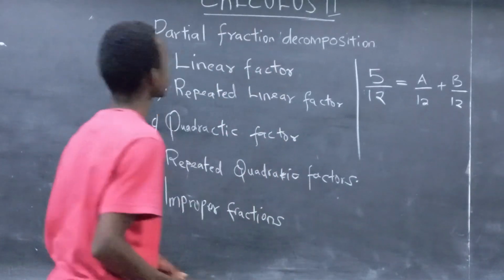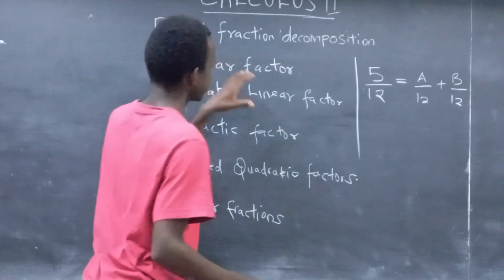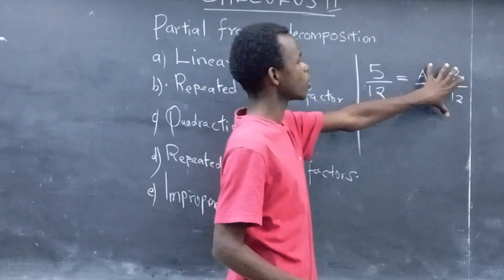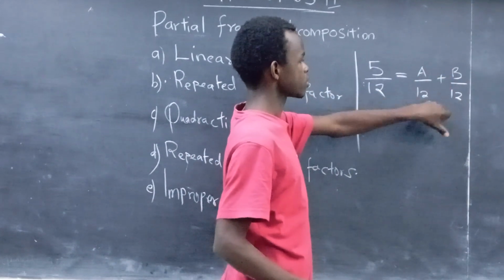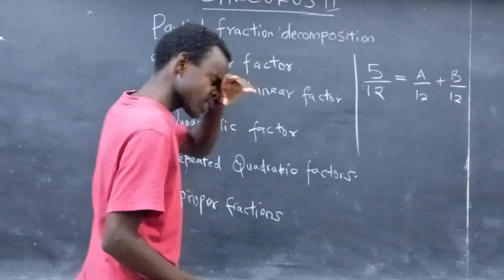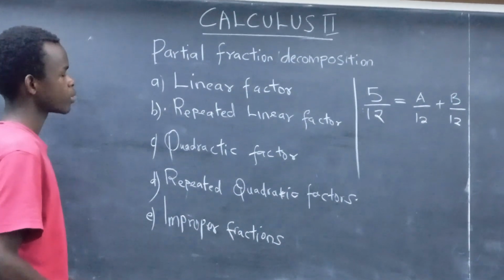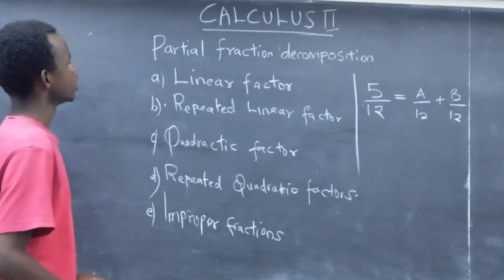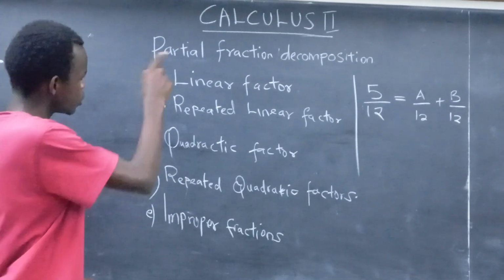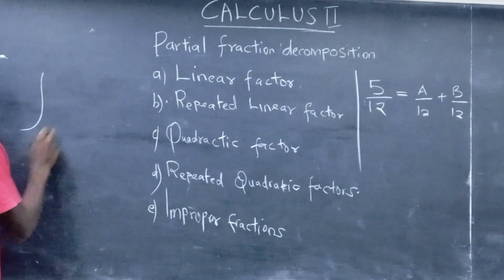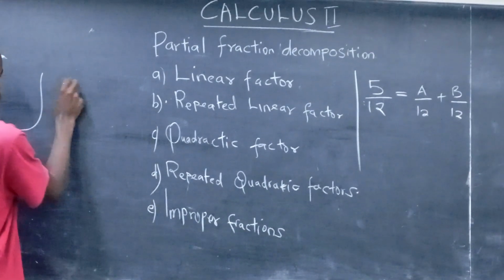So in partial fraction decomposition, we're given a fraction, then we try to decompose it in this way. After understanding how partial fraction decompositions are evaluated, we'll now, using calculus 2, find the integrals of partial fraction decompositions.